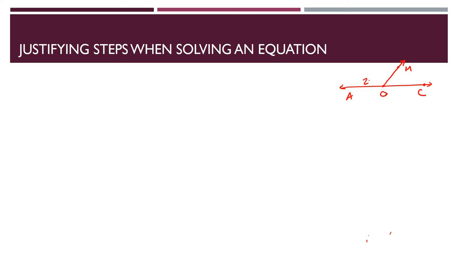And this angle on the left is worth 2x plus 30 degrees. And this is x degrees. So I have two angles, and I want to use a proof or use justifying steps to find out the value of x. What is x?